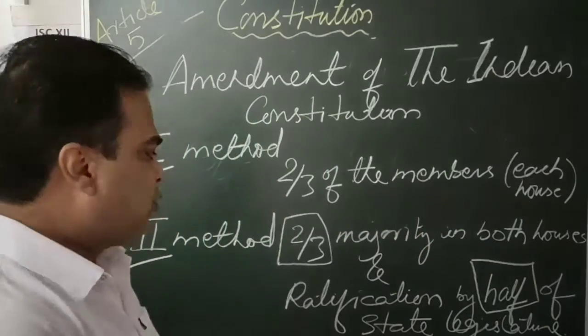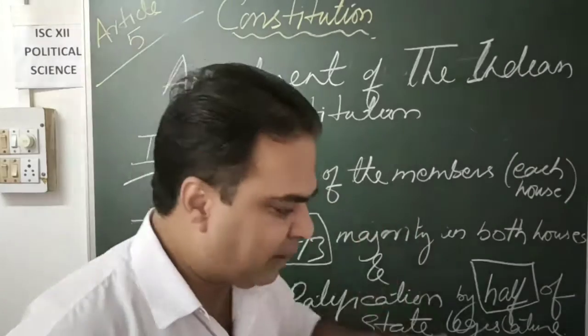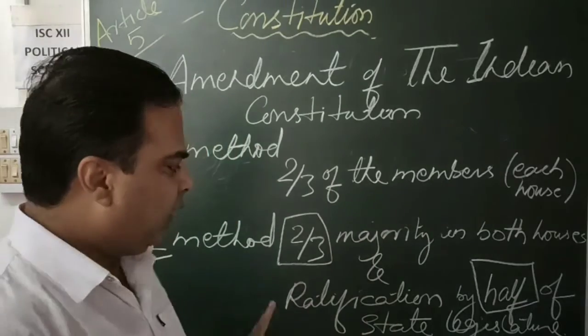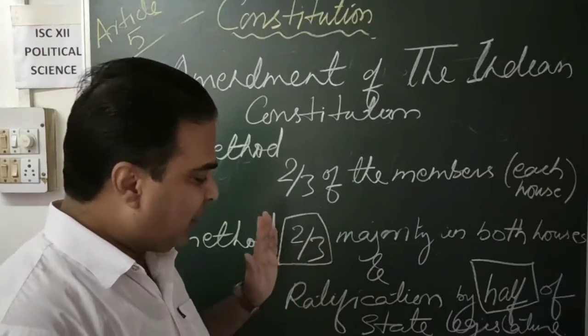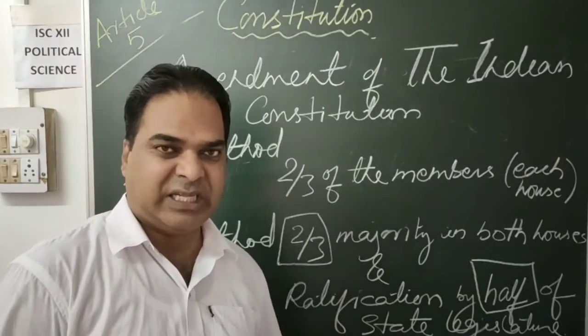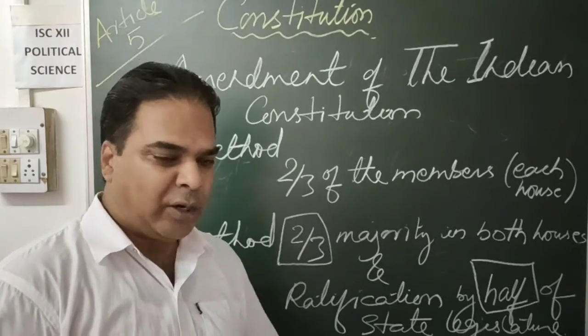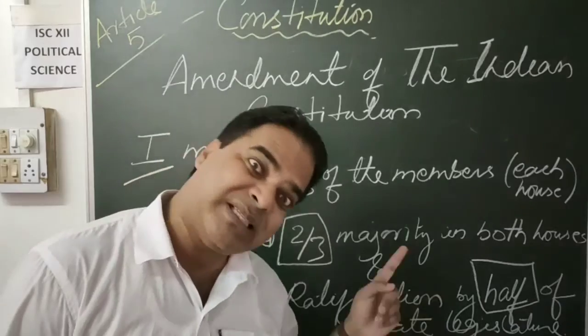So if a 2/3 majority of both houses of Parliament passes the amendment bill, then it has to be ratified by the state legislatures of our country. How many states have to agree or confirm the amendment? Half of the state legislatures.